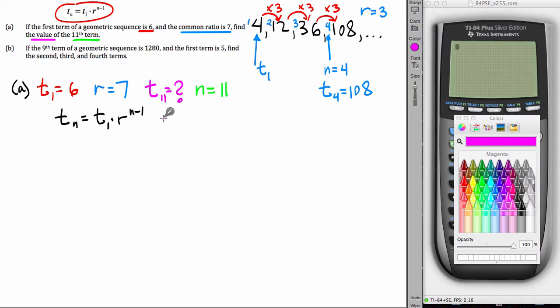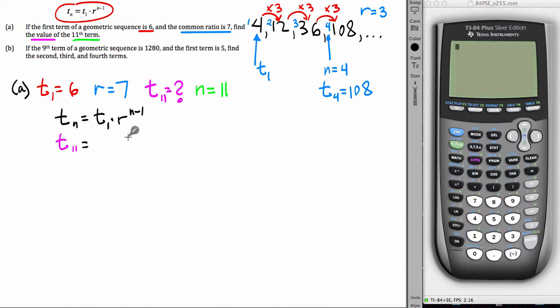What we're looking for is T11, and that is going to be equal to T1, which happens to be 6, times r, in this case 7, raised to the 11 minus 1. And let's finish this up. T11 is equal to 6 times 7 raised to the 11 minus 1, which is raised to the 10th.